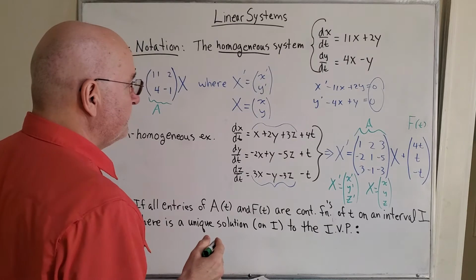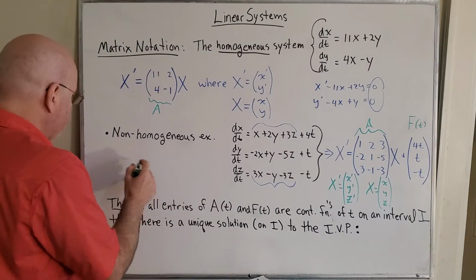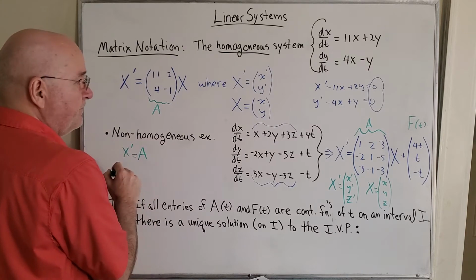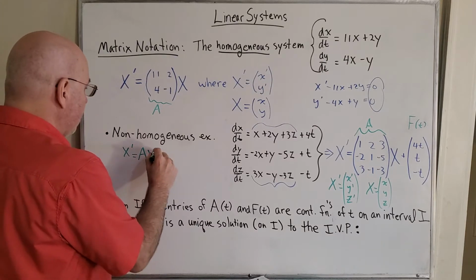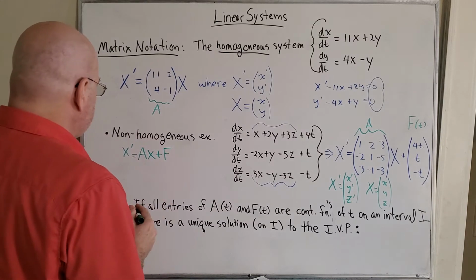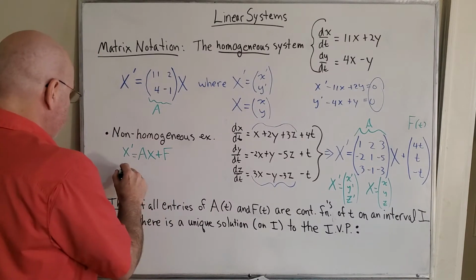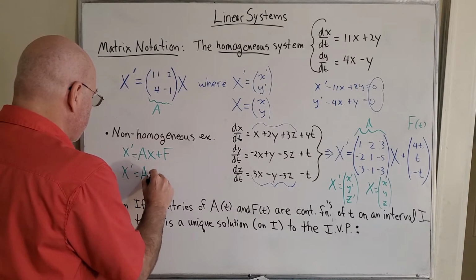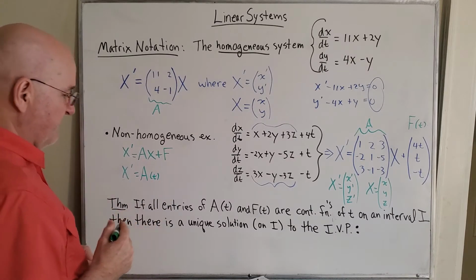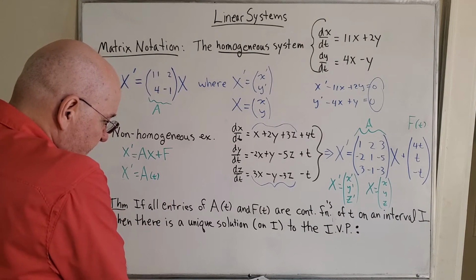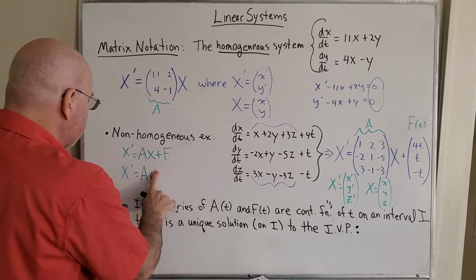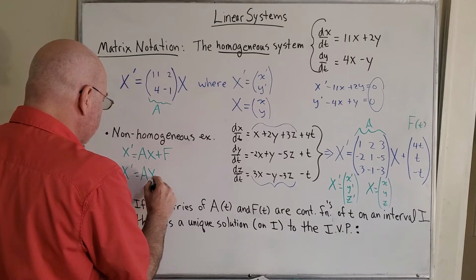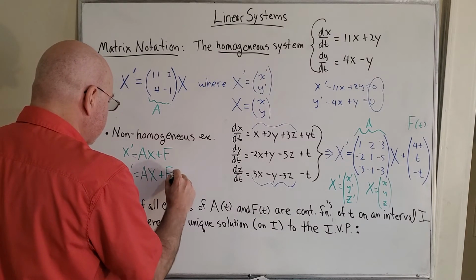So we could say something like x prime equals A x plus F. I like the looks of this better than saying the matrix F is a function of t, A times x plus f of t.